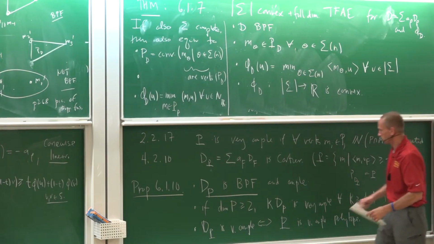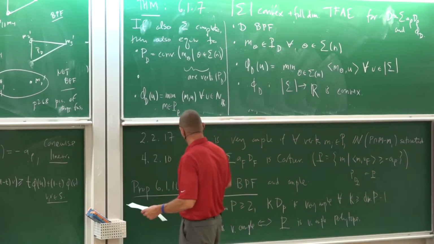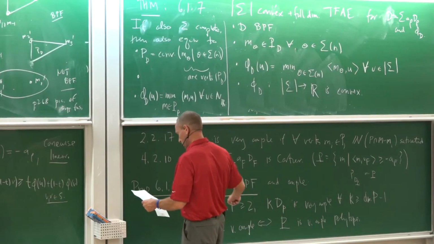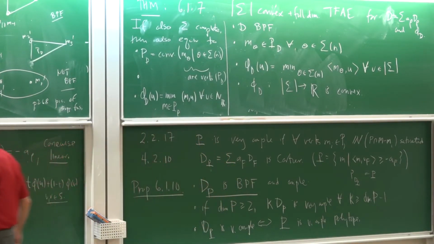So that gives me the base point free part. And then what I want to do is talk a little bit about the rest of the ampleness. So let's see.